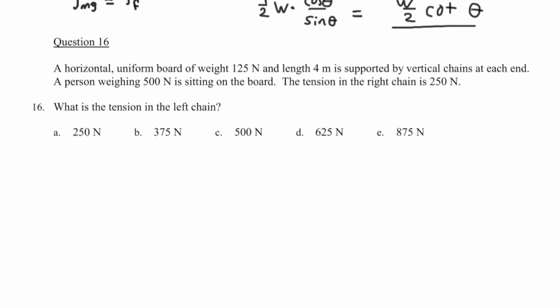A horizontal uniform board of weight 125 newtons and length 4 meters, supported by vertical chains at each end. So again, let's always just draw a picture. Horizontal uniform board. So uniform means the weight is in the center. We can put a weight force, and it's supported by vertical chains at each end.